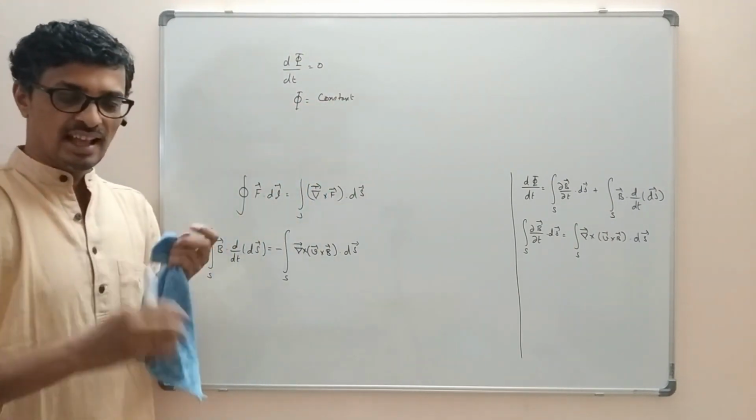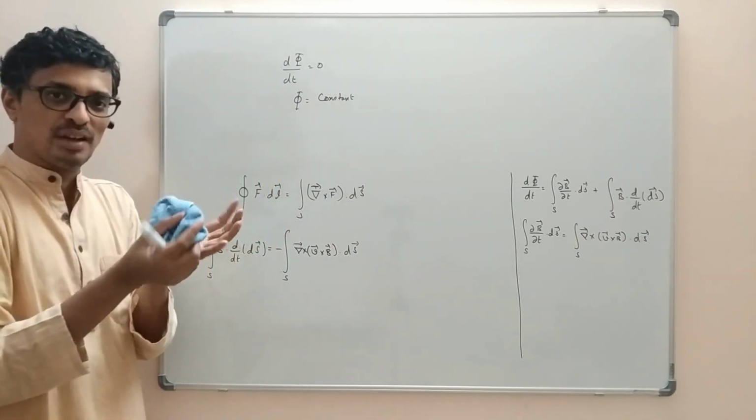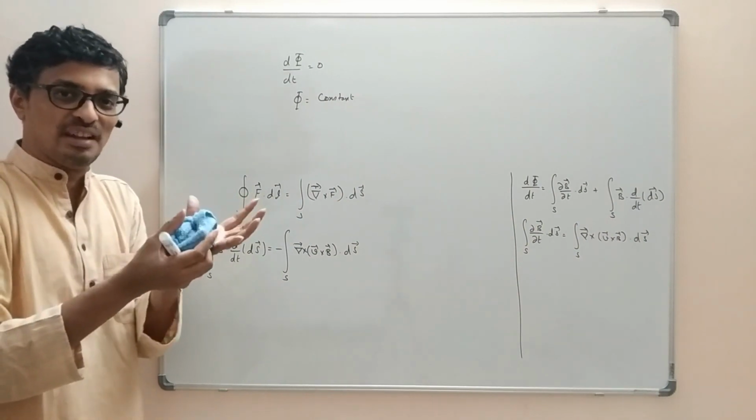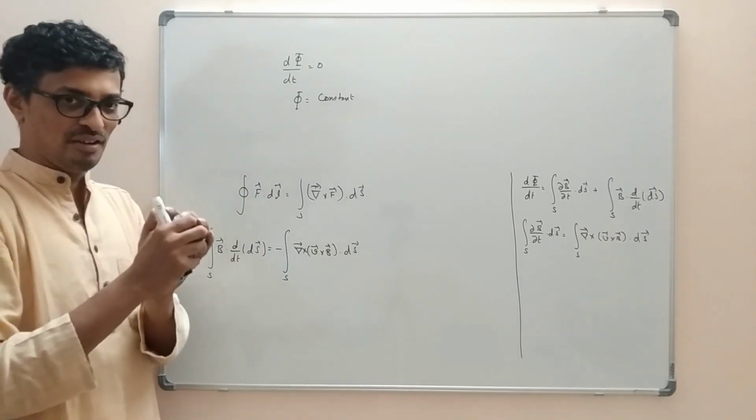That means as the plasma moves along, the flux carried by the plasma is going to remain constant. That means the plasma is going to freeze the magnetic field and move along.